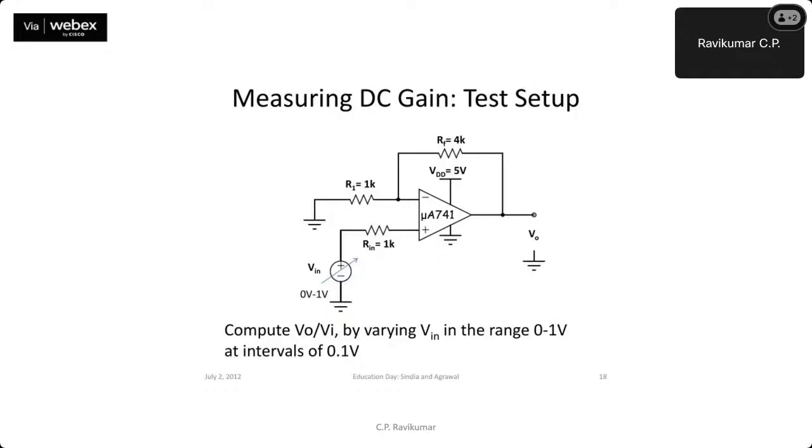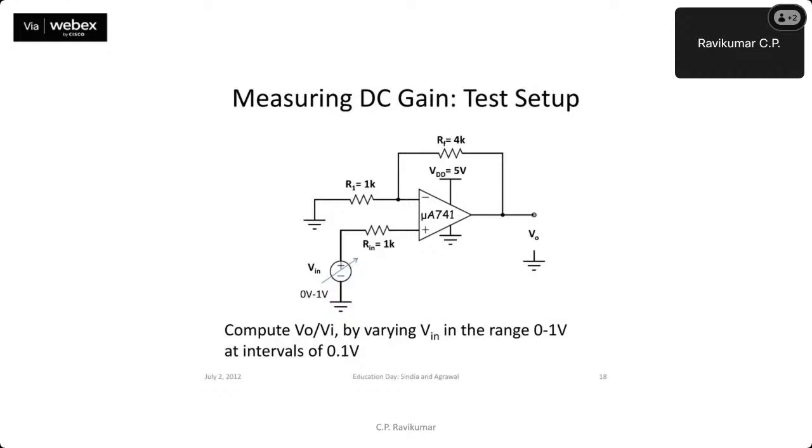So in order to measure the DC gain, we may have to set up, in your test equipment, all these will be there already, but you have to make the circuit, right, using a test language.